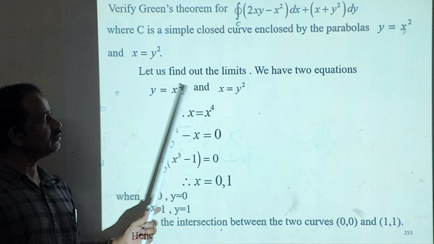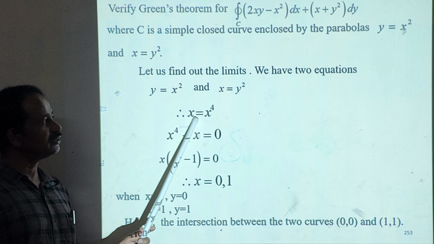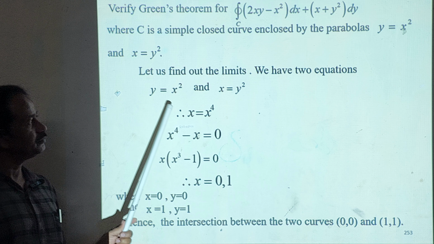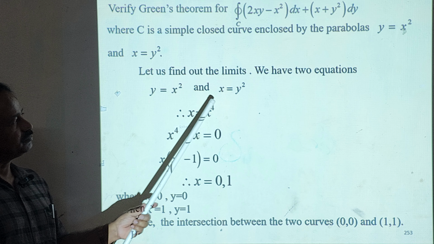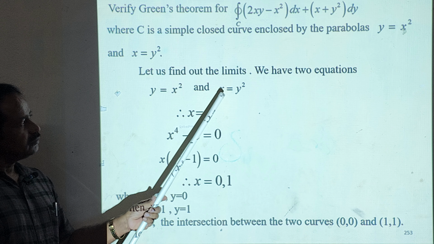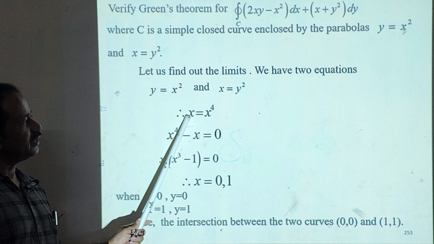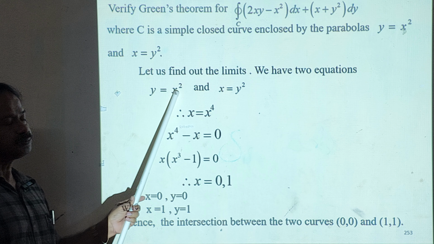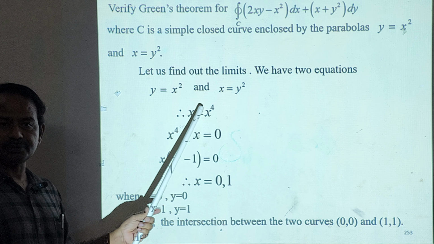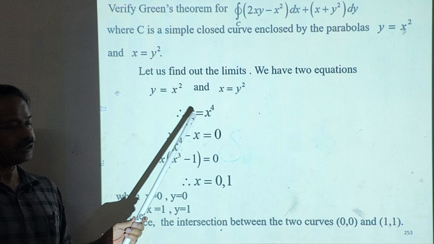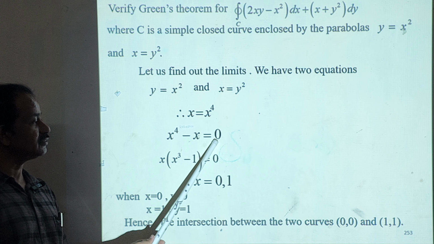So now x equal to y squared will give you, substitute, that will give you x equal to x to the power 4. Correct? It's just a substitute. So x as it is, instead of y you substitute x squared. So that will be x to the power 4. So x to the power 4 minus x equal to 0.